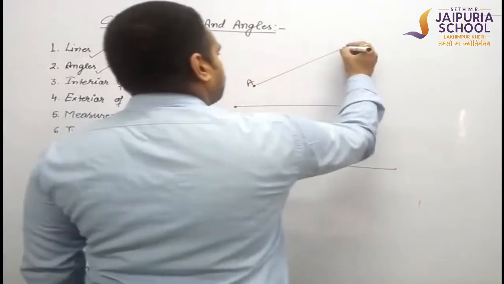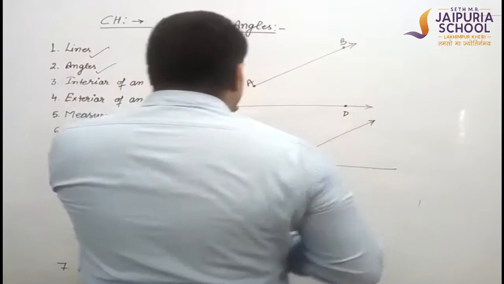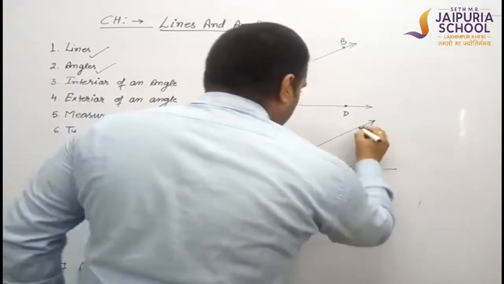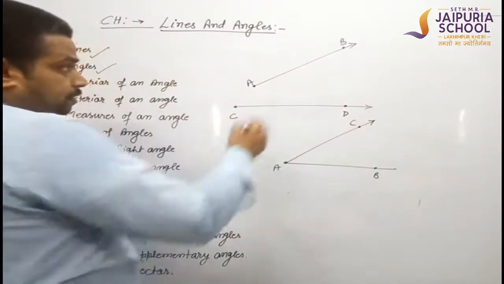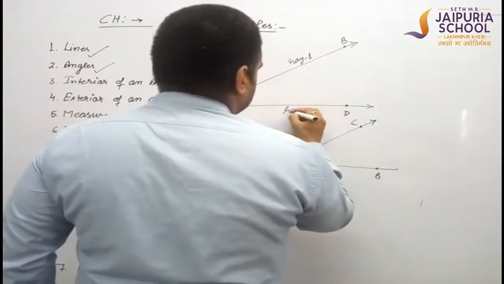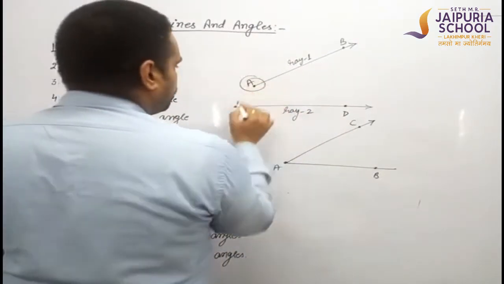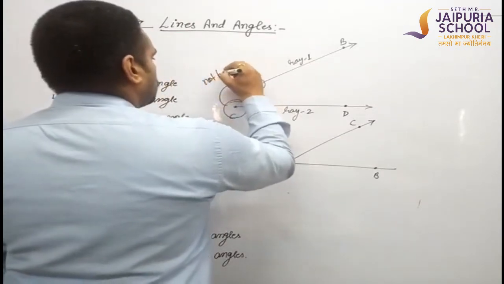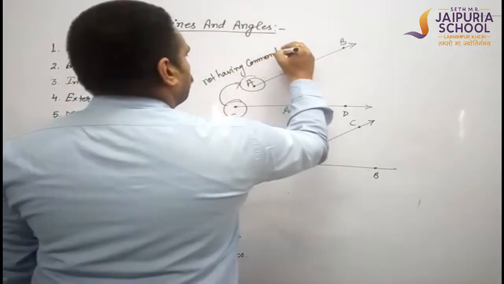This is A, B, C, D. Here we have two rays, ray 1 and ray 2, but both the rays do not have a common point.